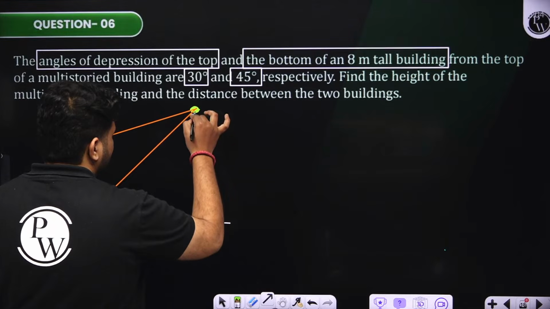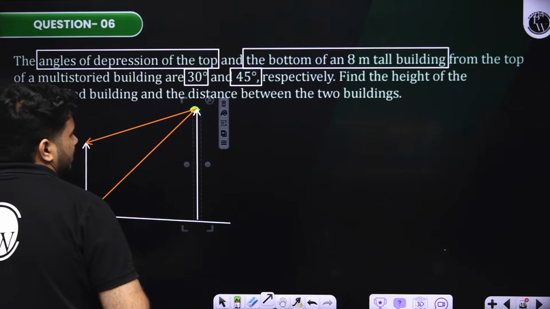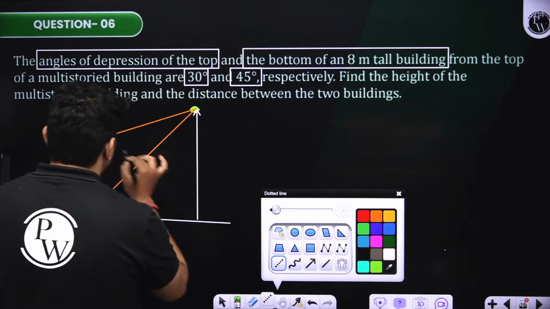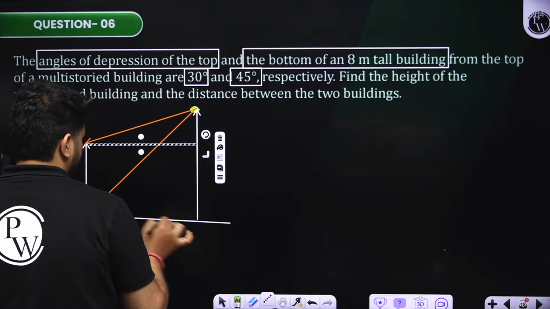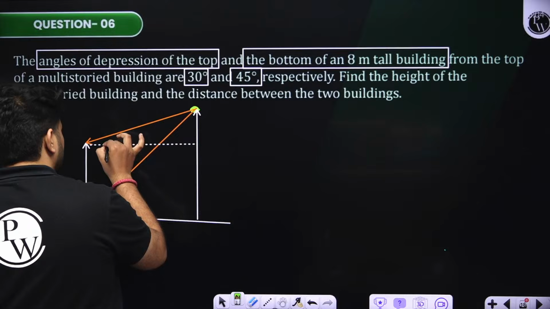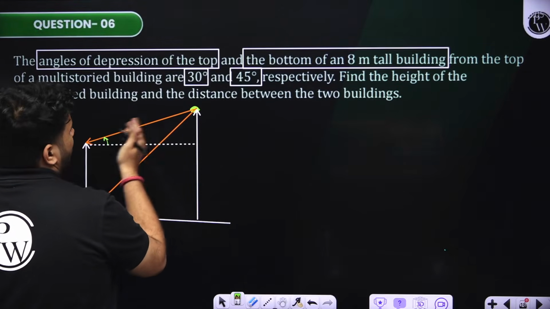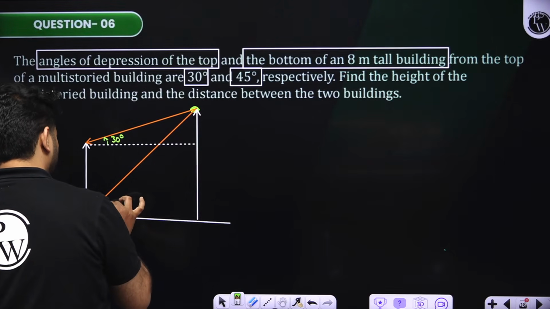Top of a multi-storied building means there is another building here and the observer is there. Now if you see, they are telling that for the angle of depression I need the horizontal line over here, like this. I have constructed it. Now this is how much, students? We have 30 degrees for the top and here we have 60 degrees.